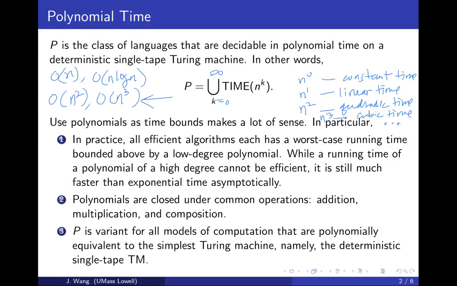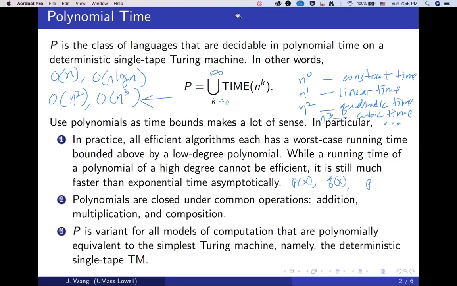There is another thing about polynomials, which is that polynomials are closed under addition and multiplication, and also polynomials are closed under composition. So in other words, if I have a polynomial p of x and another polynomial q of x, maybe I should start a new whiteboard.